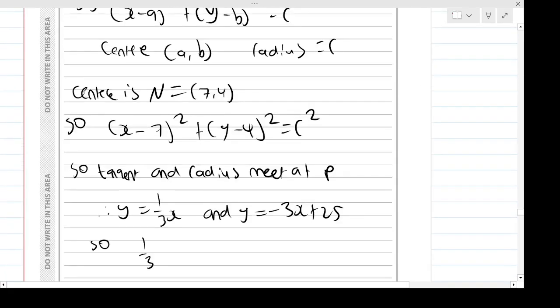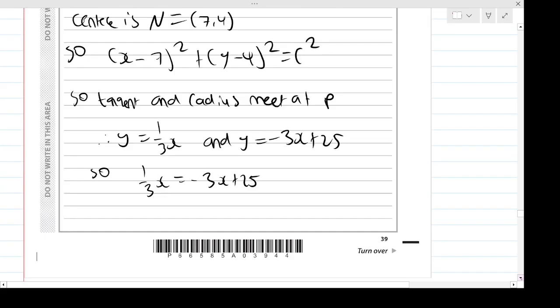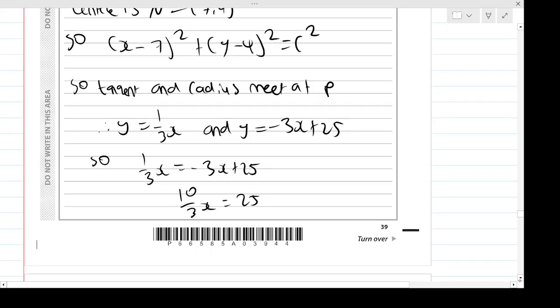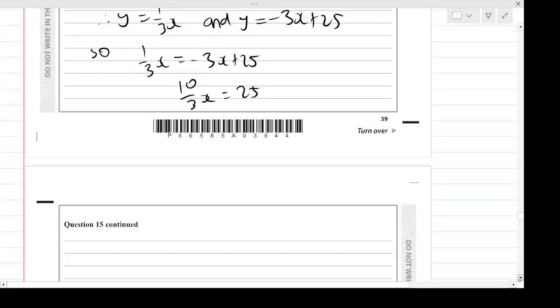So (1/3)x = −3x + 25. If we solve that for x, then (1/3)x + 3x is (10/3)x, which equals 25. And so x is going to be 25 divided by 10/3, which is 15/2.